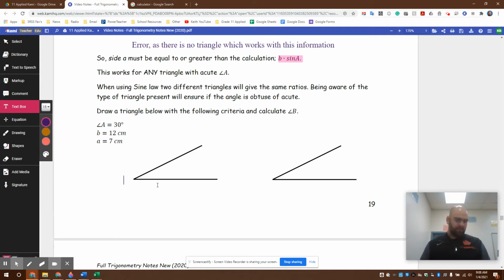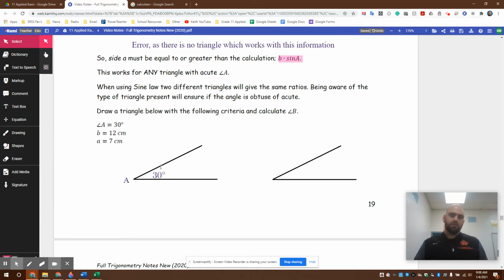We're going to start with angle A here, and that's going to be 30 degrees.